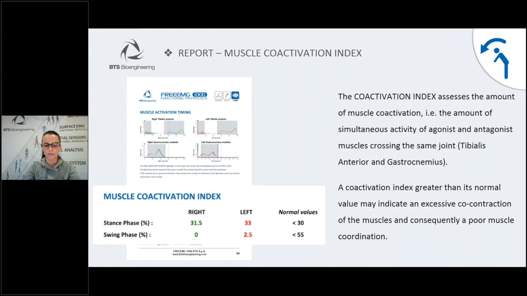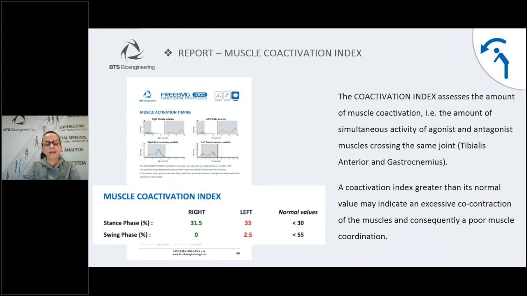I want to clarify that the coactivation index is calculated only if you are working with the 4 channels fixed muscle setup, which evaluates the tibialis anterior and the medial gastrocnemius muscles bilaterally, or with the 8 channels fixed setup with the addition of the other pair of antagonist muscles at the proximal level that are rectus femoris and semitendinosus bilaterally.